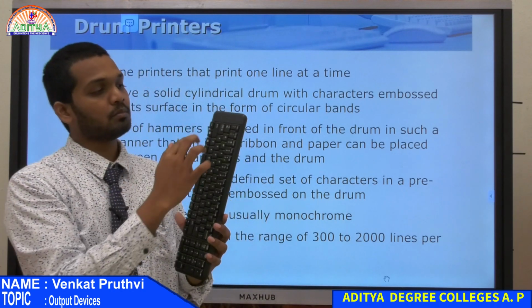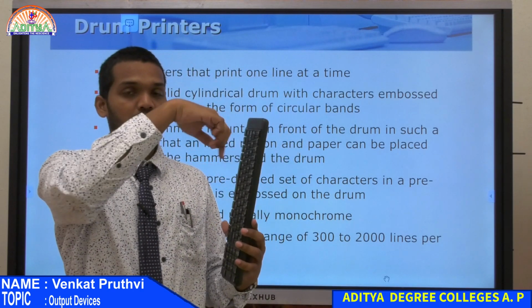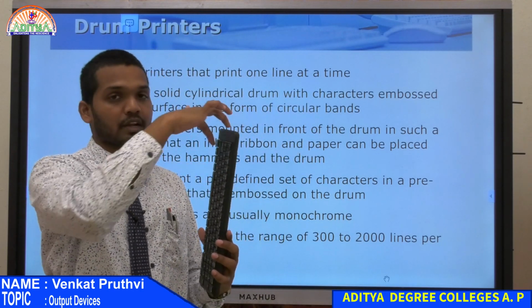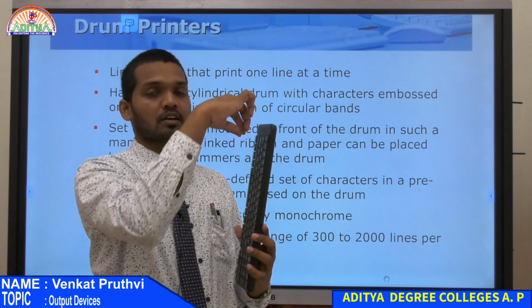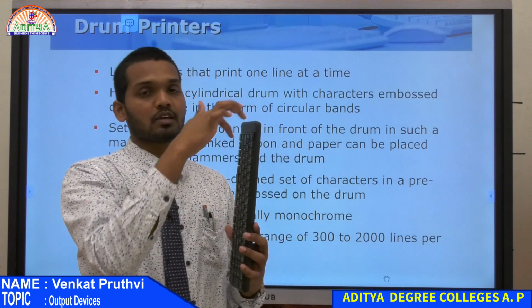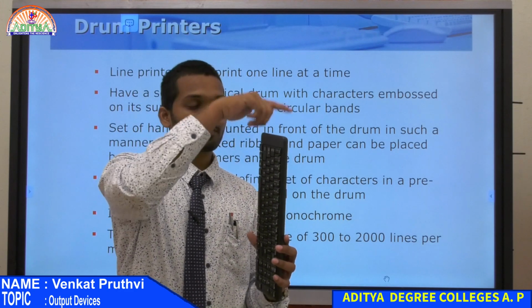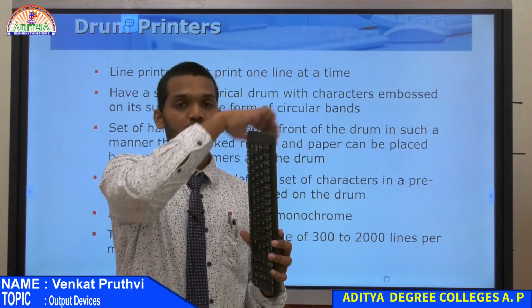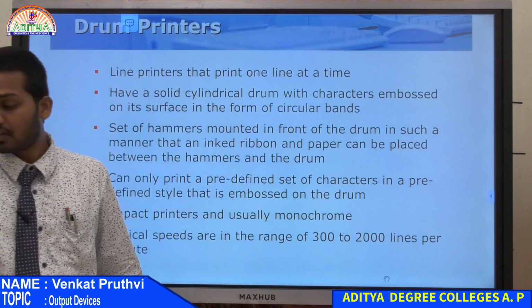On the cylindrical drum, you'll be able to see all the characters in circular tracks. This is the circular track, and you are able to see the characters one after the other in circular tracks. There are different levels of circular tracks, and each level has a few characters, and that is how you have these drum printers.